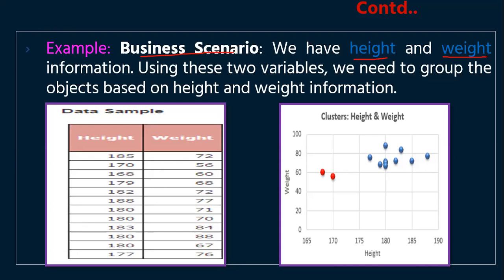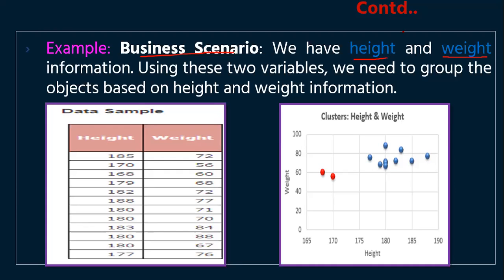If your height is 5.3 and your weight is 80 kilos, you are in a problem. You might become diabetic in the future, or maybe a heart attack could attack you. There are certain noticeable points we can observe by applying the clustering process.